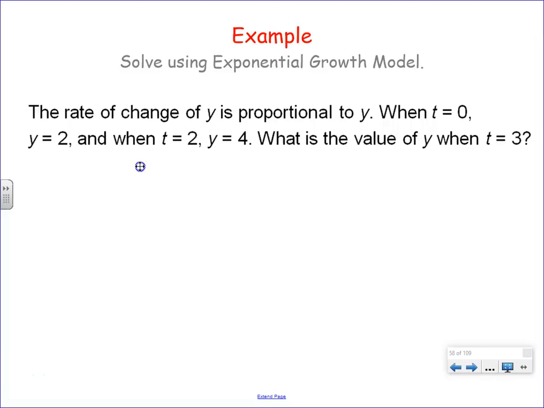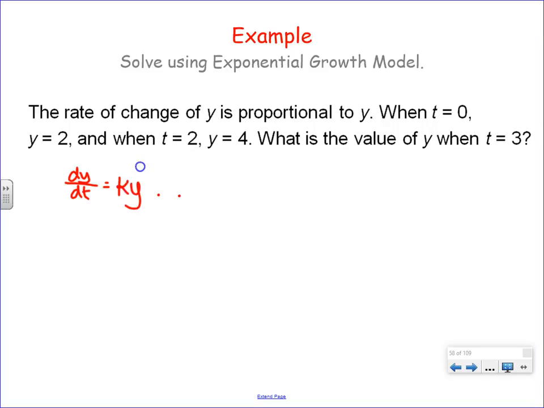How do we solve this exponential growth model? The rate of change of y is proportional to y. Wasn't that just exponential growth? Yeah. When t equals 0, y equals 2. When t equals 2, y equals 4. What is the value of y when t equals 3? And if that's the initial value, you basically say, okay, the rate of change is directly proportional to y.